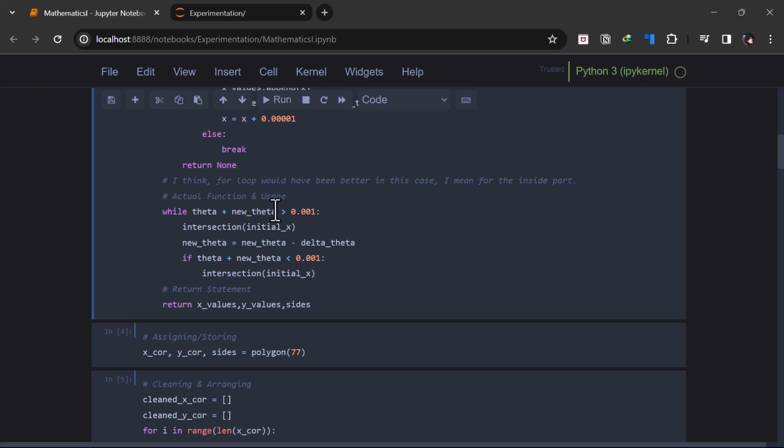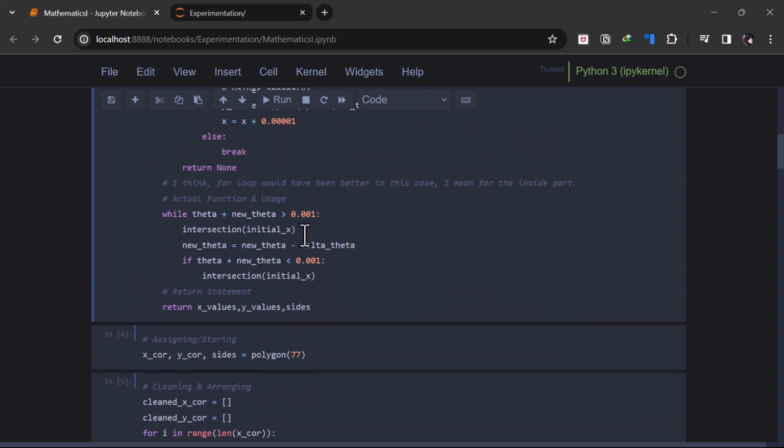And this loop will only run up and until their summation is greater than 0.01. The moment they become very close together, and the summation becomes less than 0.001, then this condition will become false and the loop will stop. This is how loops are run, right?